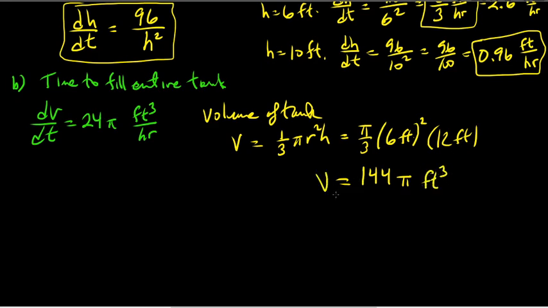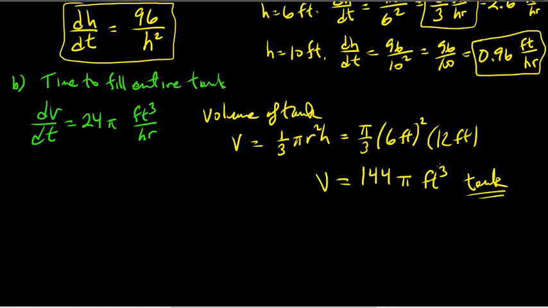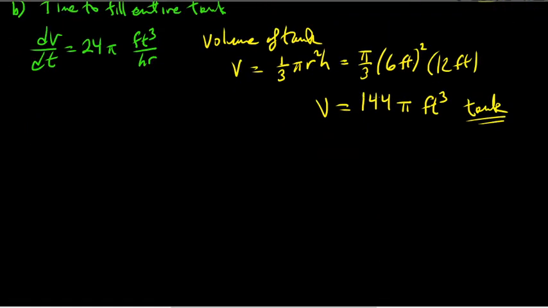Right, so that's the volume of the tank. Let's say the empty tank. Well, how long does it take to fill the entire tank with water? Starting from empty, we're going from 0 to 144 times pi, right?